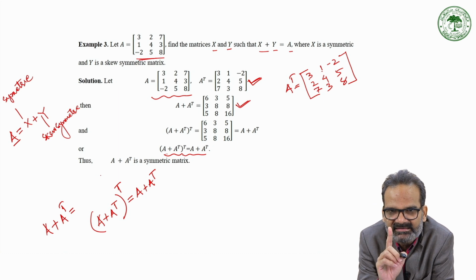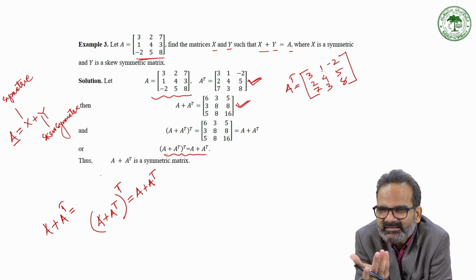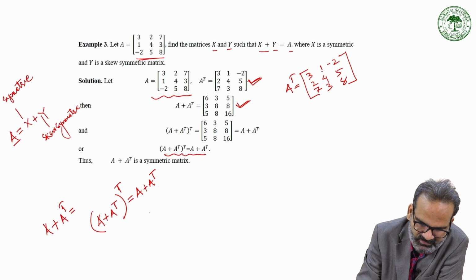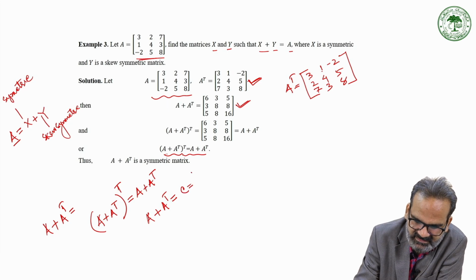Thus A plus AT is symmetric, right? Don't be confused. A plus AT is a matrix. Understand like this, if you take it as C, so C is this matrix: 6, 3, 5, 3, 8, 8, 5, 8, 16, right?